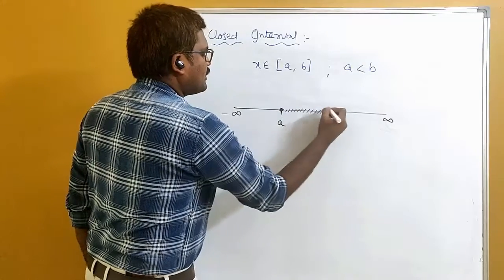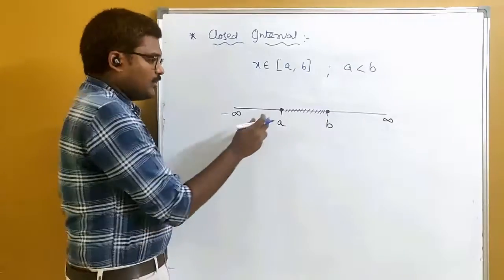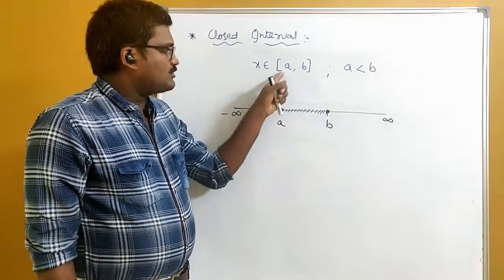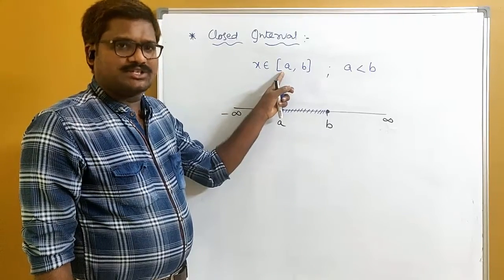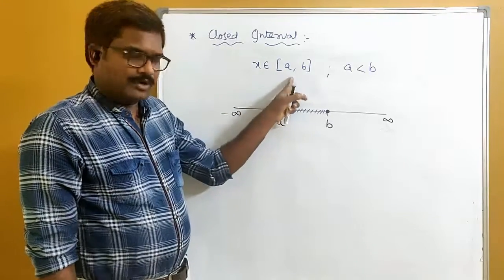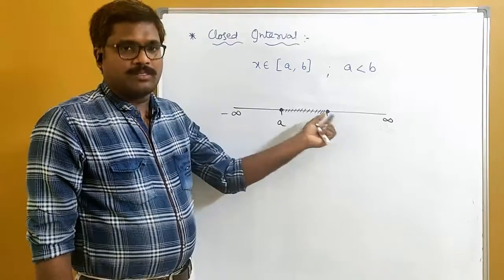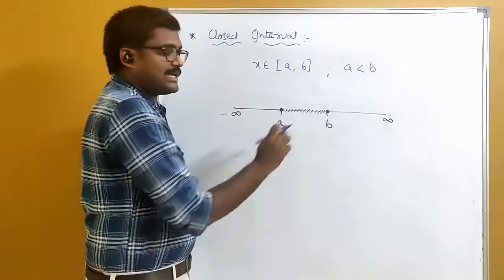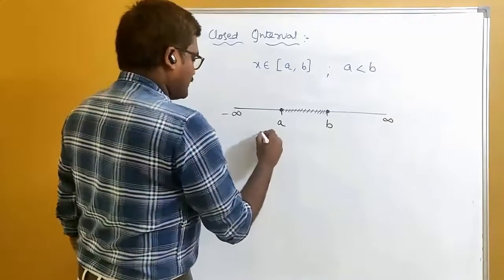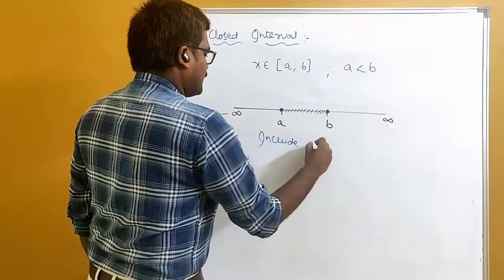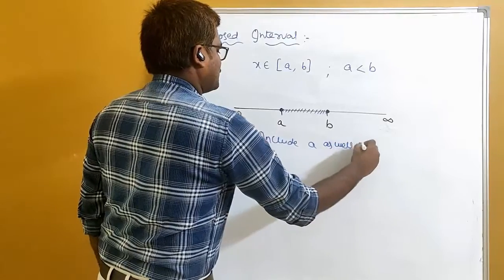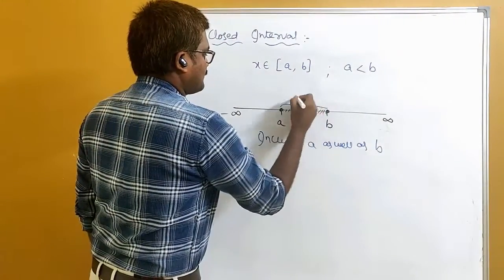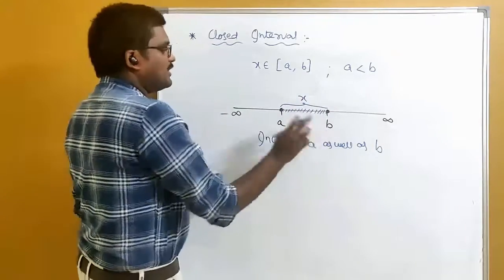So if you are including any number on the real number line, we use a dot. For closed interval, if you are using closed bracket at any extreme point or end point, we must use a dot. Bubble means I am not including the values. Dot means I am including A and B. So here I will include A as well as B. Understood? So now X represents all these values as well as A and B also.